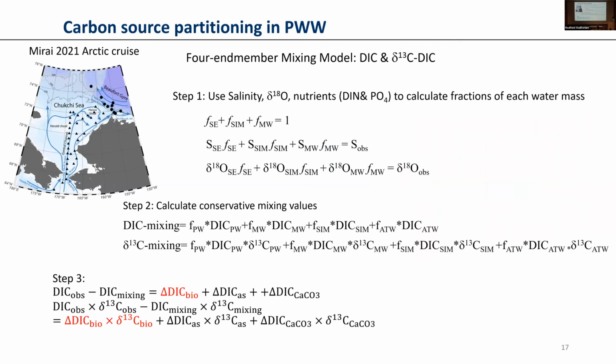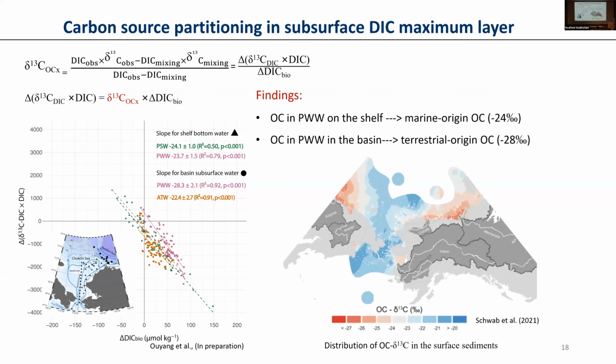So what we do, we try to use a different approach. We use salinity, delta carbon 13, and nutrients to build a 4 end member mixing model for DIC and the DIC delta carbon 13. The goal is to quantify how much DIC change and how much delta carbon 13 change is due to the primary biological process, basically respiration.